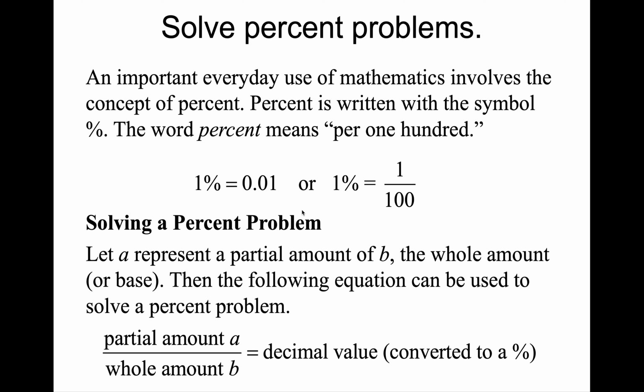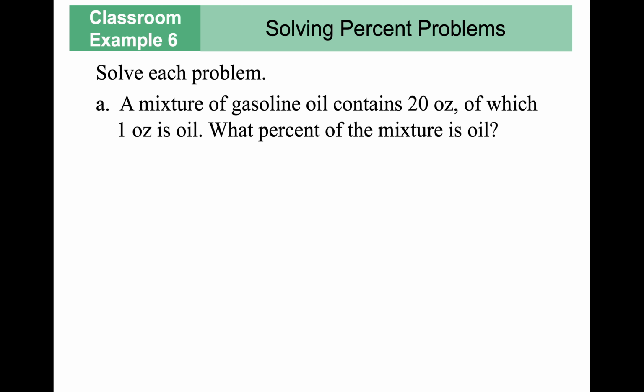If I want to solve a percent problem, this is a formula we can use. The partial amount goes in the numerator, the whole amount goes in the denominator, which gives me a decimal. Then I must convert my decimal to a percent. To convert a decimal to a percent, you move it 2 places to the right, or you can multiply by 100 if that makes more sense to you.